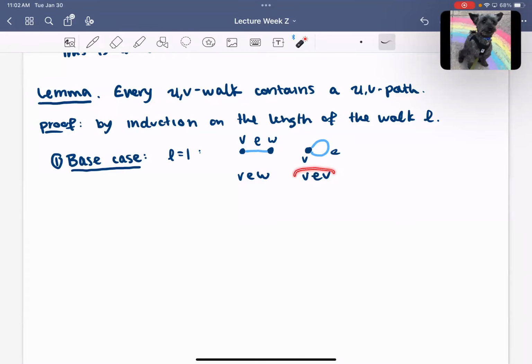What about this walk? How does this contain a path? This is kind of a trick question. Just the vertex V by itself is a path. So I would change this for just the walk V, and now that's a path. Does that make sense?